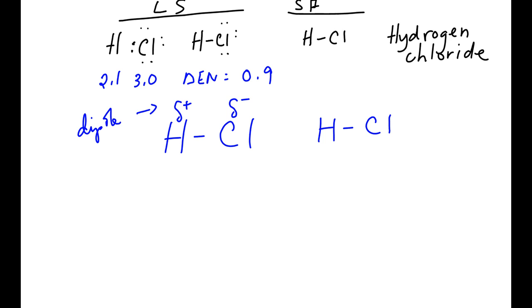Which direction are the electrons being pulled? Towards chlorine, so we're going to draw an arrow towards chlorine. To make a positive sign, we're going to cross the tail of that arrow, and that right there indicates that hydrogen's a little bit positive. So vectors, we're going to use them. So these are dipoles. There's a way to show a dipole, and here's another way to show a dipole. So when you have polar covalent bonding, you have dipoles.